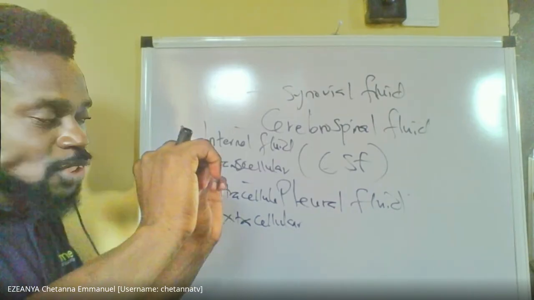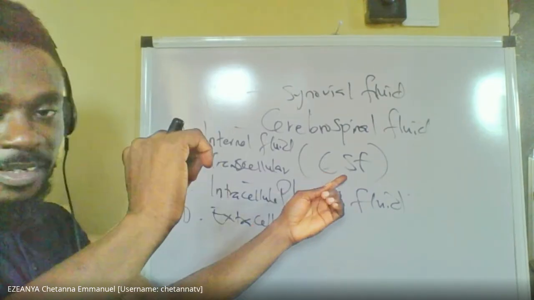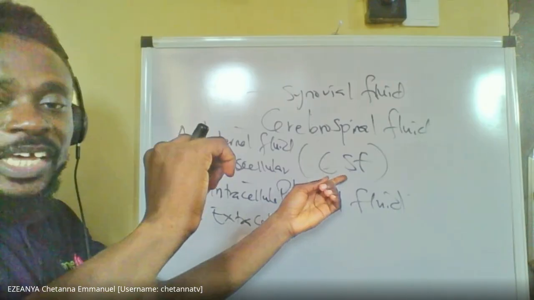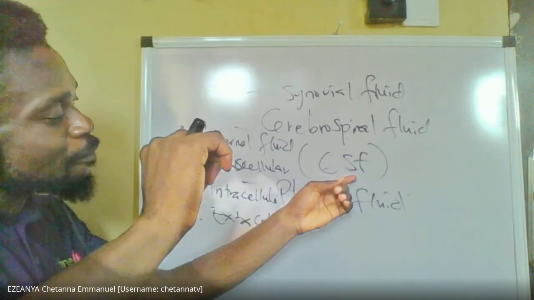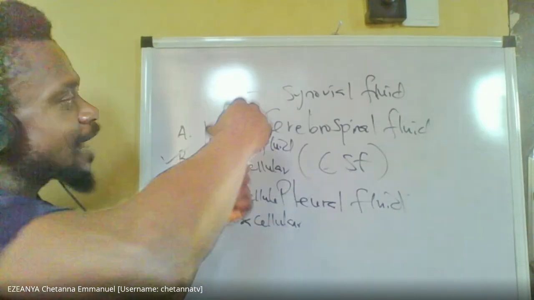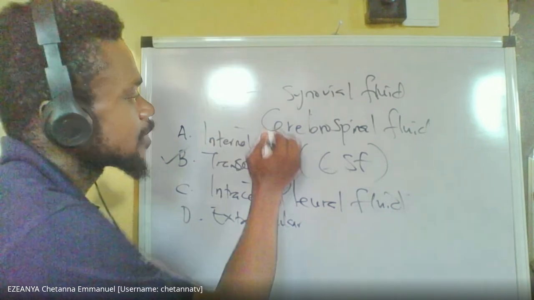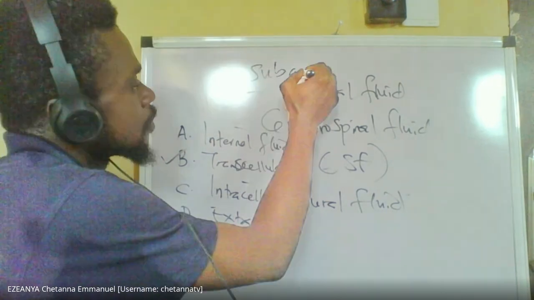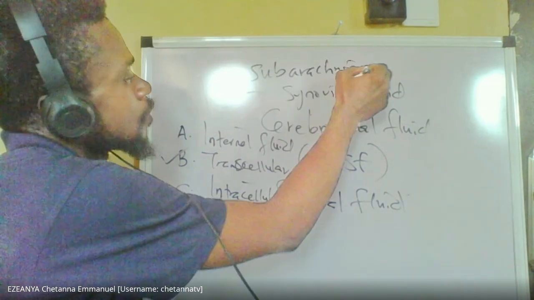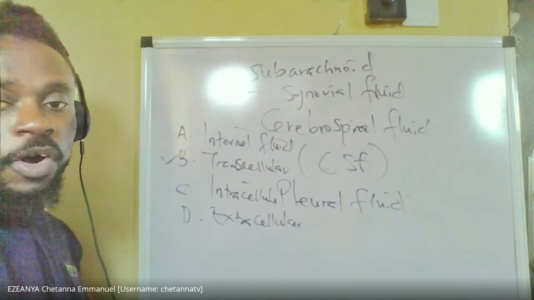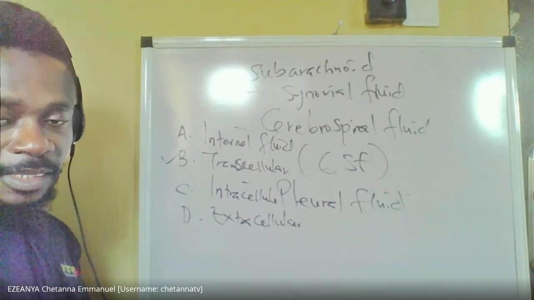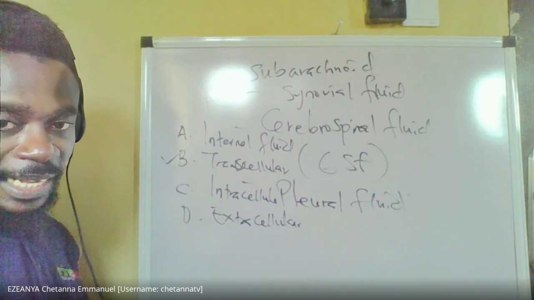Something like CSF, cerebrospinal fluid, is found in the subarachnoid spaces. We are talking about the brain now. Is that clear? Yes, sir.